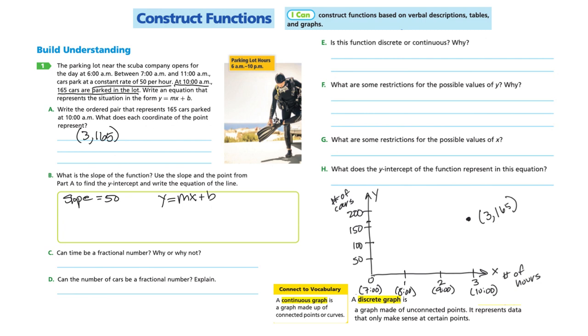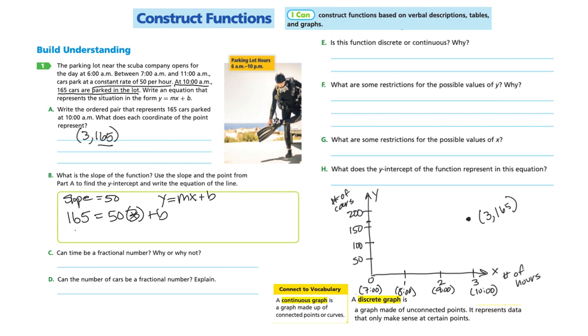So we're going to take what we know and use the point. We can substitute the 165 for y, because that's our y coordinate in this particular case. We know the slope is 50, and we know that x is 3. And then we're trying to find b to be able to write that equation.